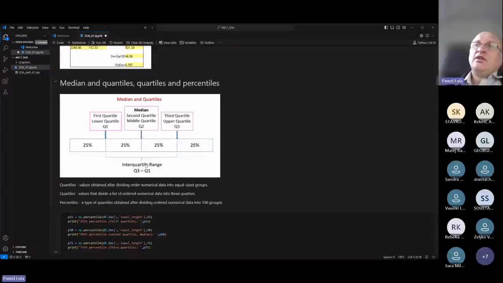So when we are talking about the 50th percentile, I'm talking about a value between the part to which I assign the number 50 and the next one, so the 51st part.